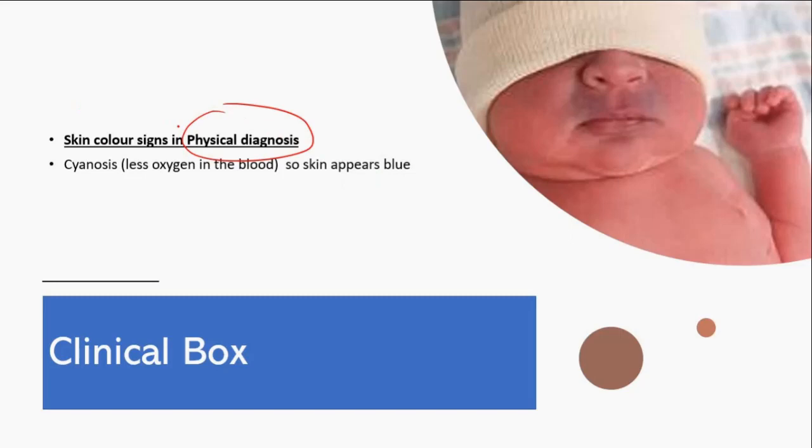And in this subject, basically you're going to be doing a lot of observational things. You're going to be looking at the person's facial expressions, the person's mood.